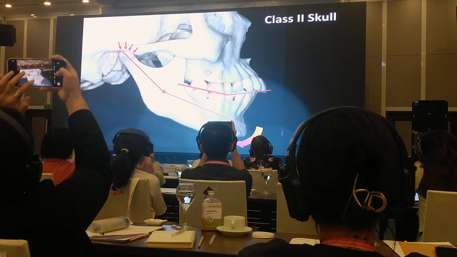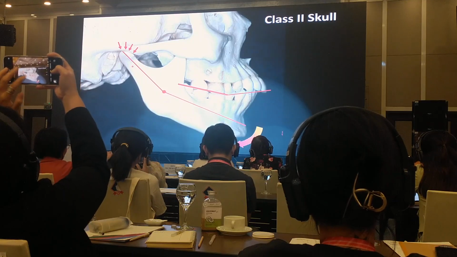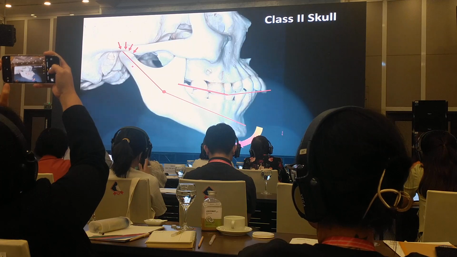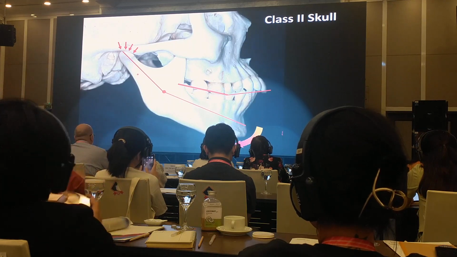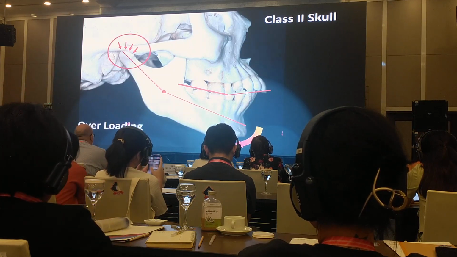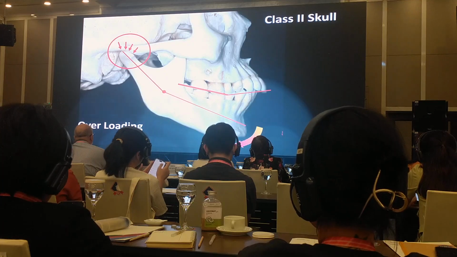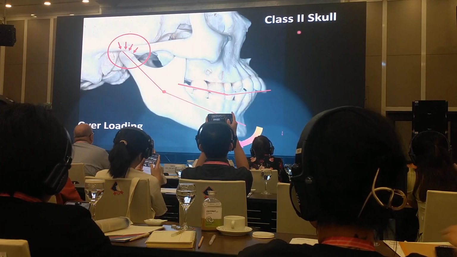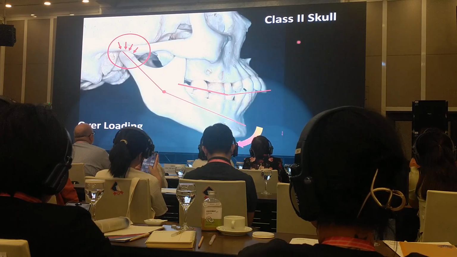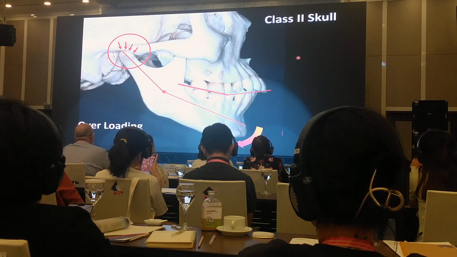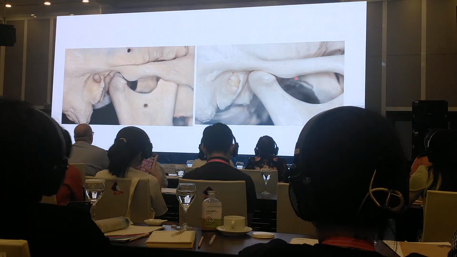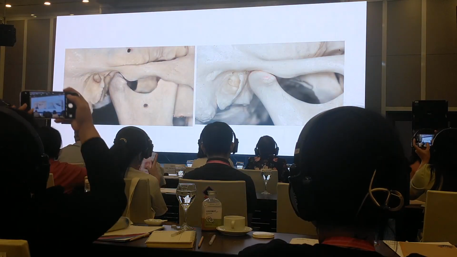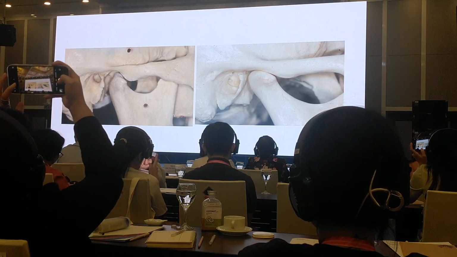Therefore, you can see here already condyle flattening and no space. This is, I want to say, overloading the joint. This is a big problem in the class 2 skeletal group. See, already condyle flattening, no space.